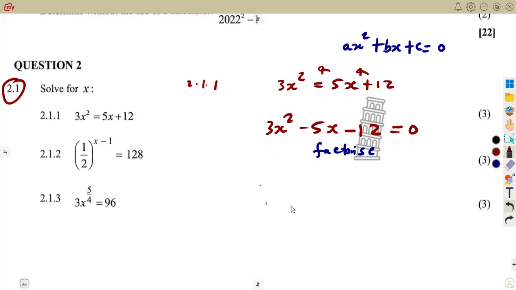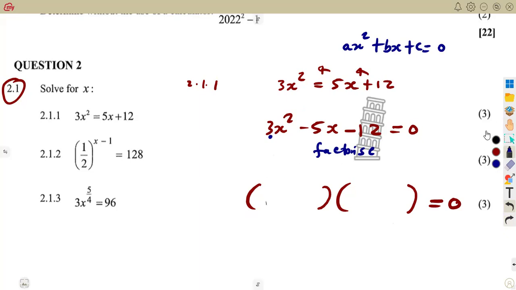Remember, with factorization you are going to need 2 brackets, because the highest exponent is 2. It's a quadratic. As long as it's a quadratic expression, you have 2 brackets. So we are working with a trinomial with 3 terms, and the coefficient of x squared is not 1.